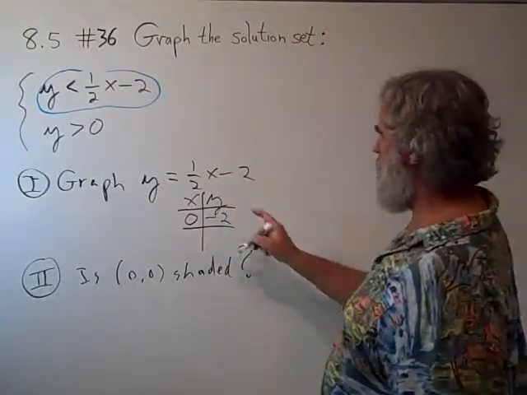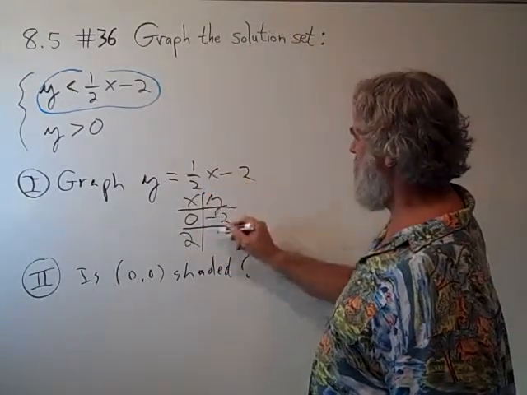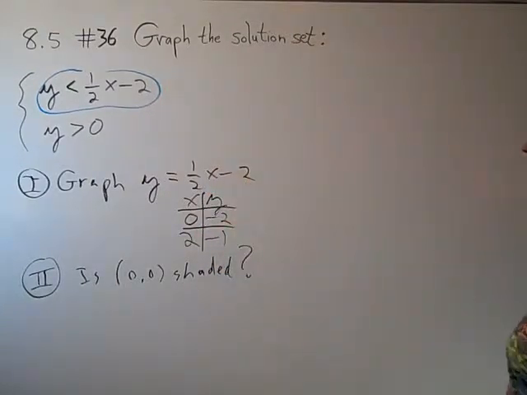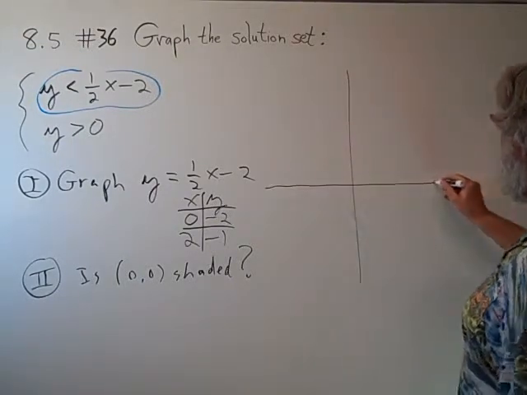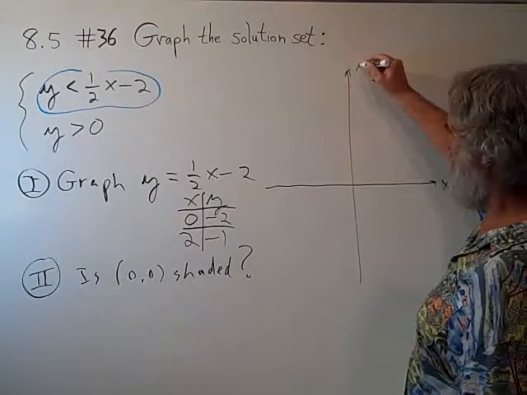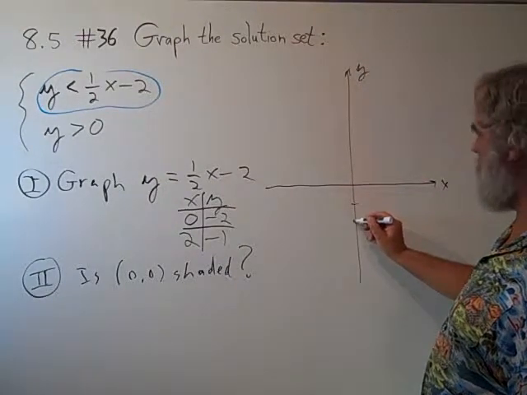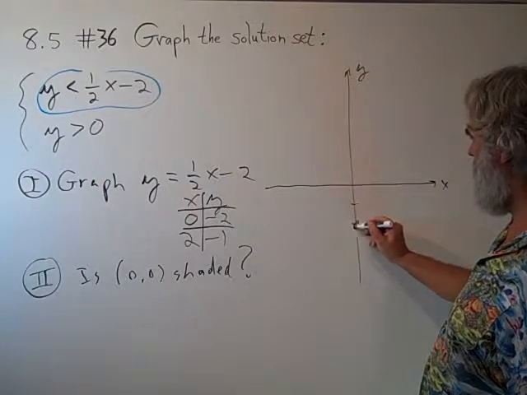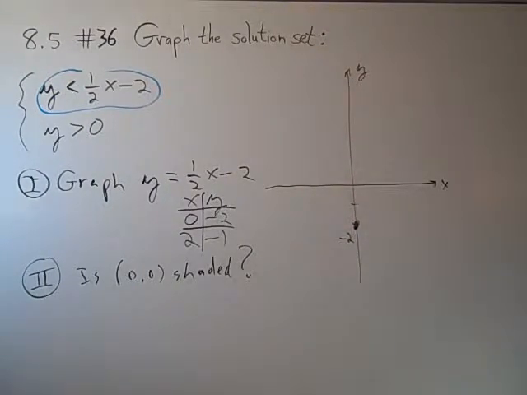And on the other hand, if x equals 2, the 2's cancel, 1 minus 2 is -1. There's a second point on the graph. So we can graph that line. 0, -2 is the y-intercept, so it's down 2. And then if I go over 2, I go down 1.